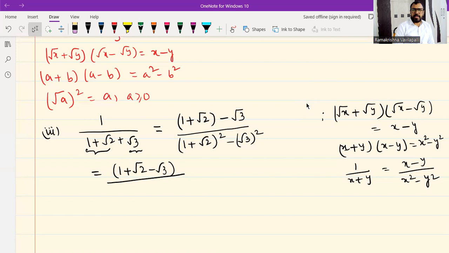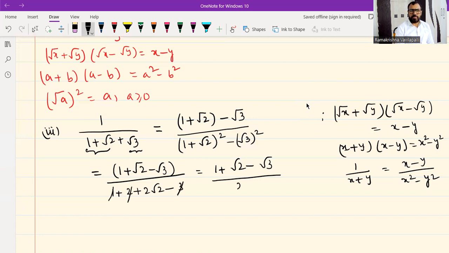In the denominator, we have to expand (1 plus root 2) whole square. A plus b whole square: a square plus b square plus 2ab, minus 3. This further equals 1 plus root 2 minus root 3 whole by, this value is 1 plus 2, 3 cancelled, simply 2 root 2.